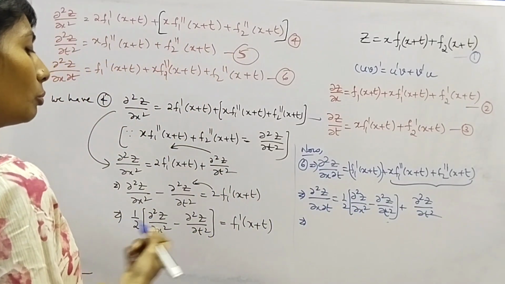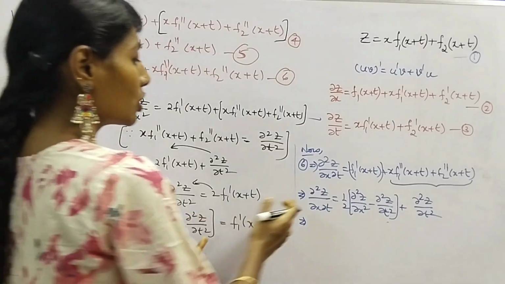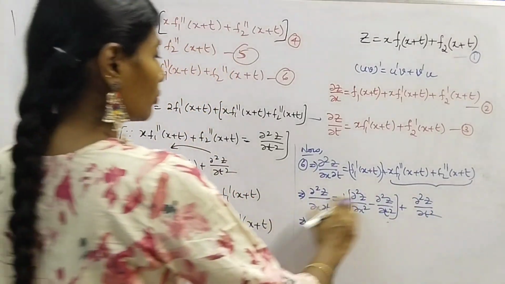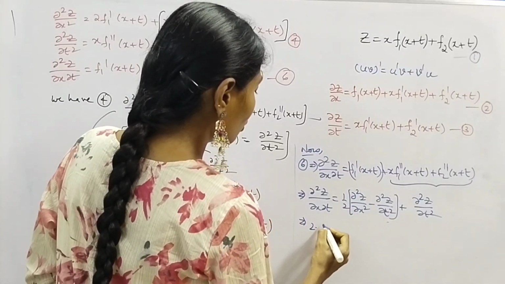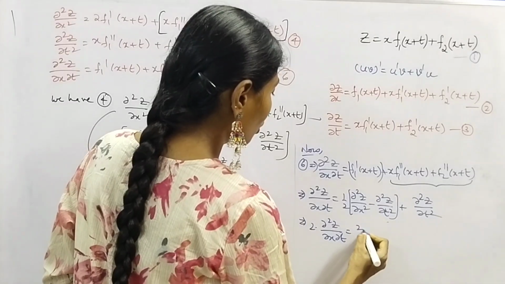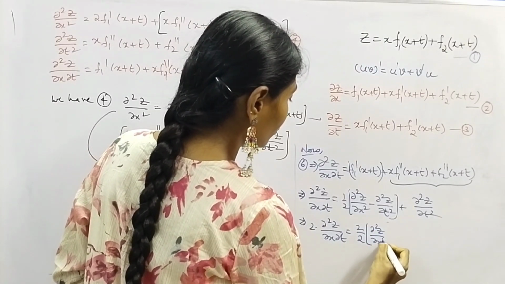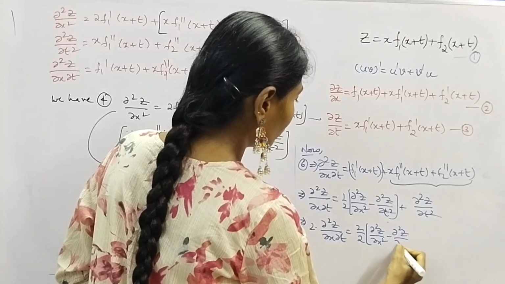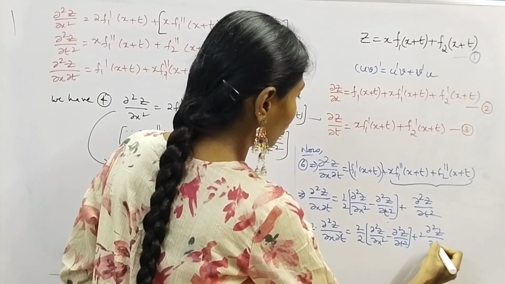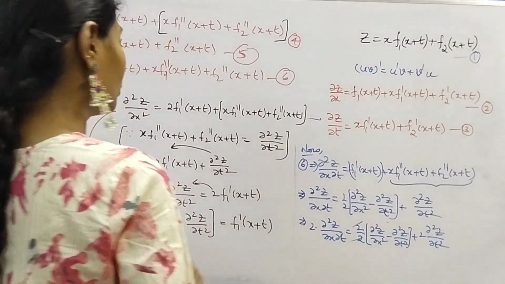Take LCM and bring the 2 to LHS, or an easy way, just multiply both sides of the equation with 2. Multiplying both sides with 2 gives 2 ∂²z/∂x∂t equals 2 into the term plus 2 ∂²z/∂t², right? Here 2 gets cancelled.